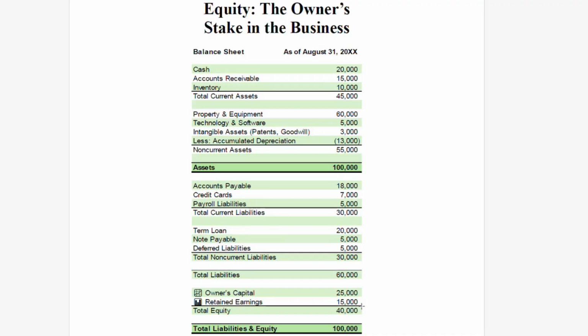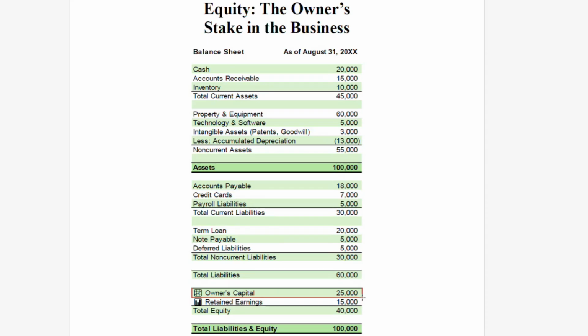The other one is called owner's capital, okay? Owner's capital is basically monies invested in the business from the outside. You've put money into the business to get this thing going, and there it sits.